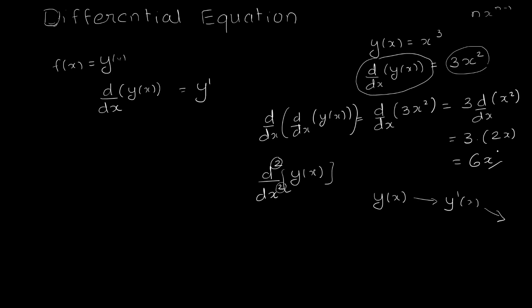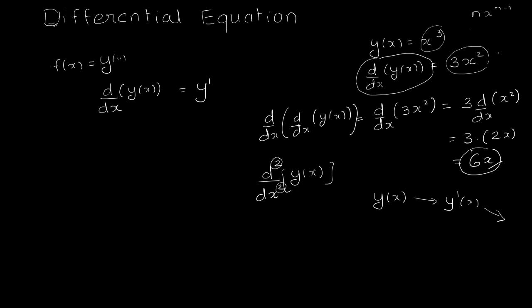Now this 6x is the second order derivative of this x cube. Once you differentiate it, you get one derivative, that was 3x square, and then again you differentiated this 3x square and you got the derivative 6x. Therefore, it's a second order.